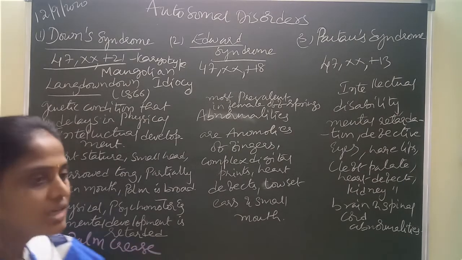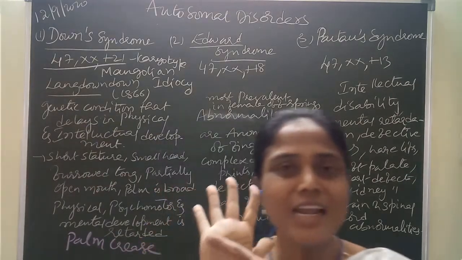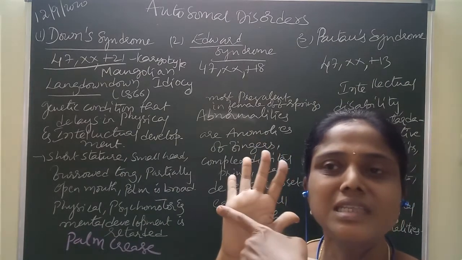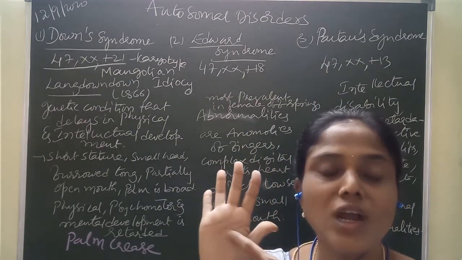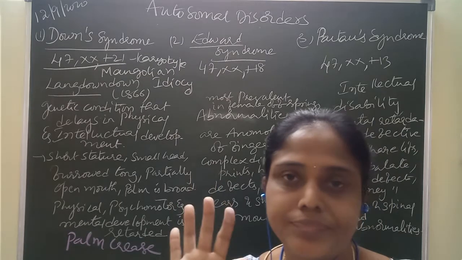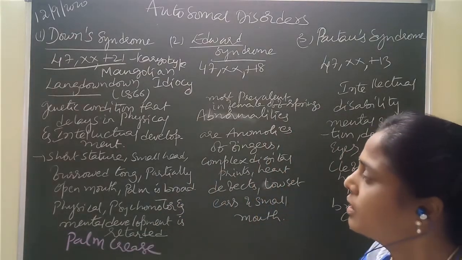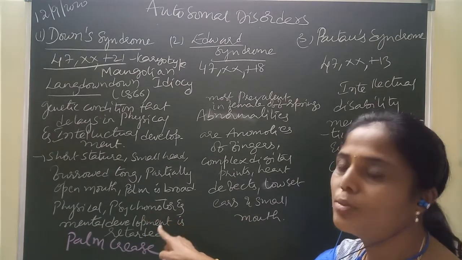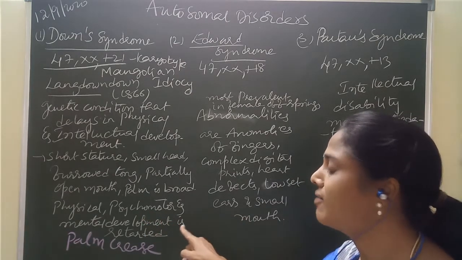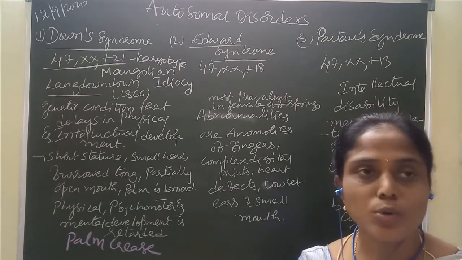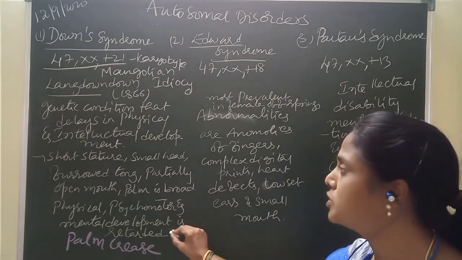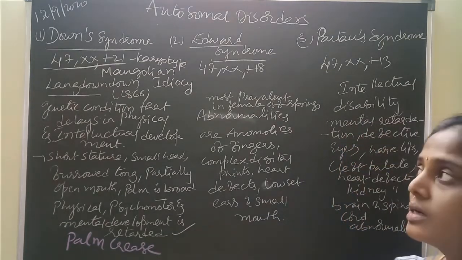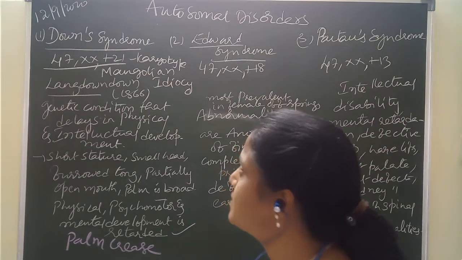Palm crease means only a single transverse line, which we call the headline, is seen in the palm. Physical, psychomotor and mental development is also retarded in a person suffering from Down syndrome.